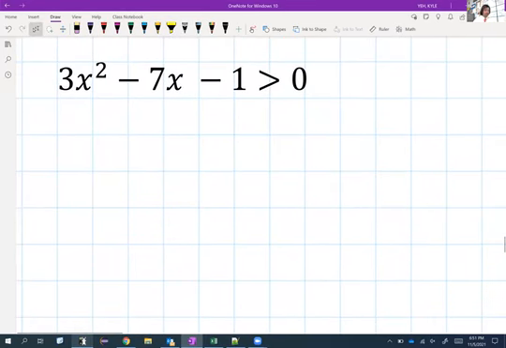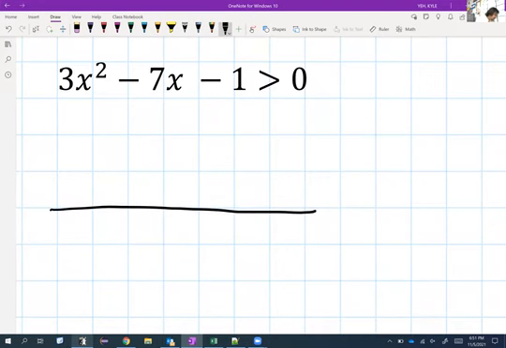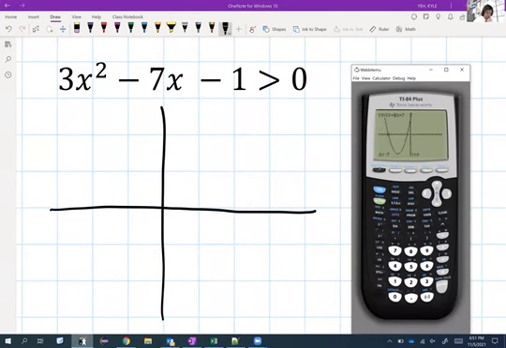So 3x squared minus 7x minus 1 greater than 0. Again, I just need the most basic idea of what this graph looks like and what the roots are. So I'm going to come back to my calculator. I'm going to say 3x squared minus 7x minus 1, graph.